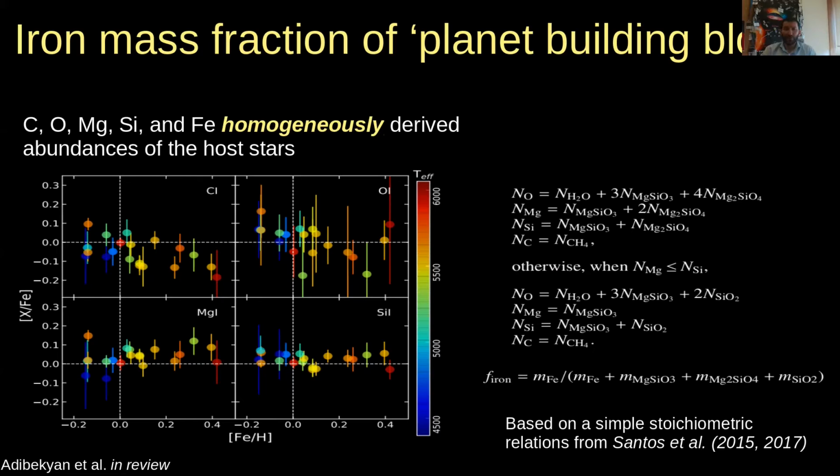What we assume in these stoichiometric relations is that, for example, oxygen can be only in the form of water, and magnesium silicates like pyroxene or olivine. And we made similar assumptions for the other elements.